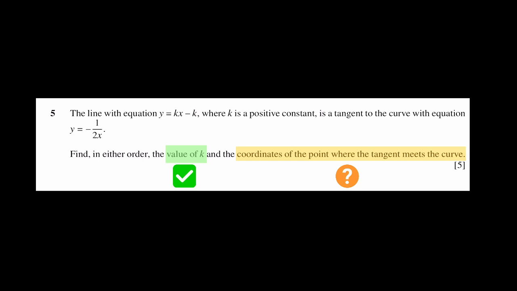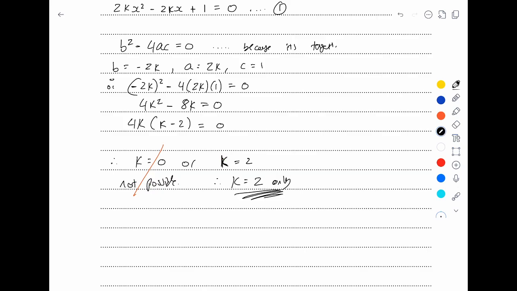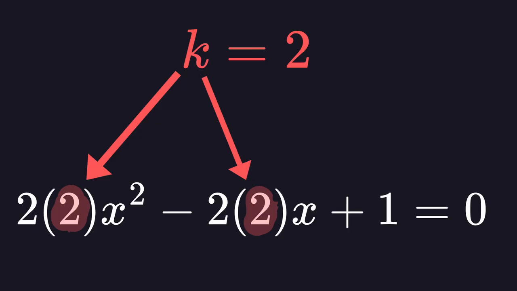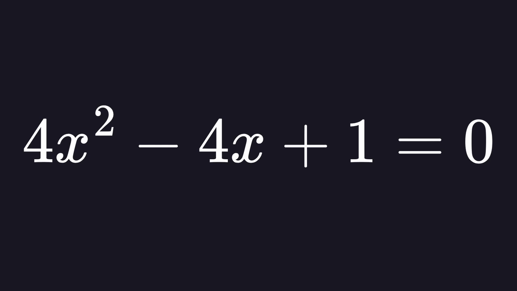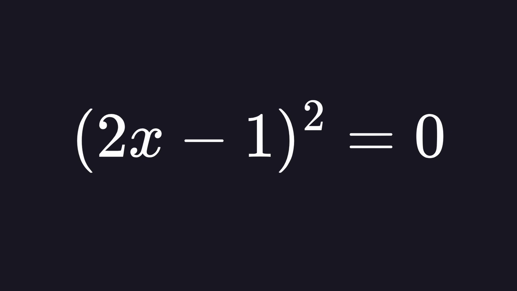Finding the coordinates of the point where the tangent meets the curve. Now, as you can see, because we have k, this question becomes much more simple. Because all we have to do is plug k equals 2 into the equation we deciphered, which when we do, gives us the following. This can then simplify down to 2x minus 1 squared equals 0.